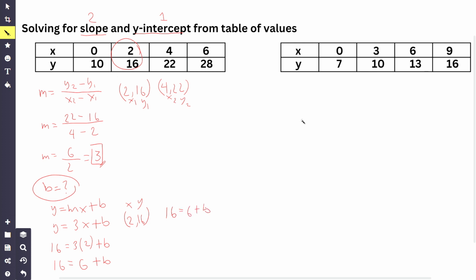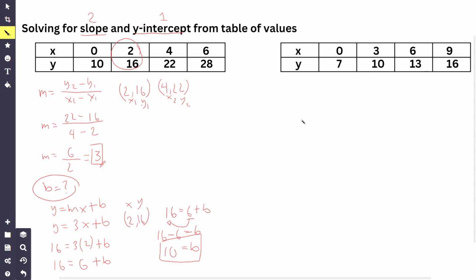What do we do when we're solving for a variable? We should make it solo and positive. So I have to transpose this one here. What will happen to positive 6? It will become negative 6. So 16 minus 6, that's 10, equals b. That's why the value of b is 10.